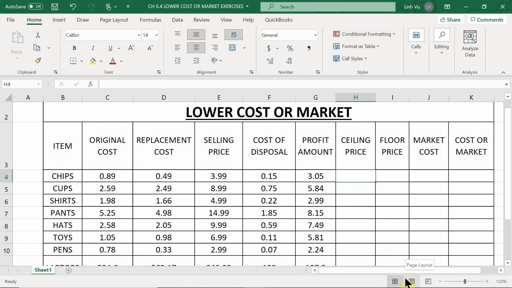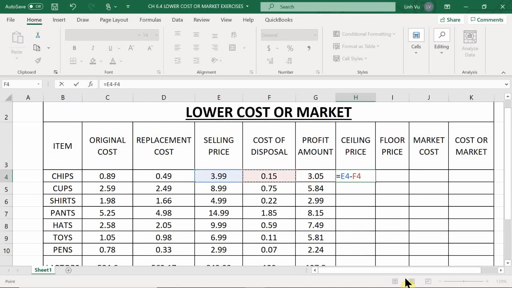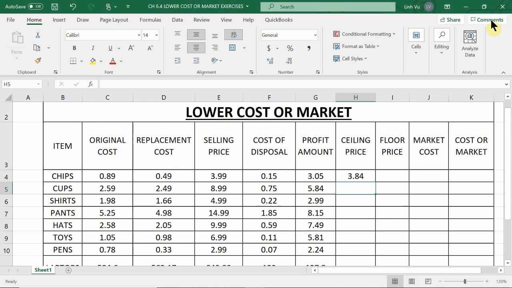What's my ceiling price? $3.84. We take $3.99, your selling price, minus the cost of disposal to get $3.84. Good. What about my floor? What is my floor going to be?